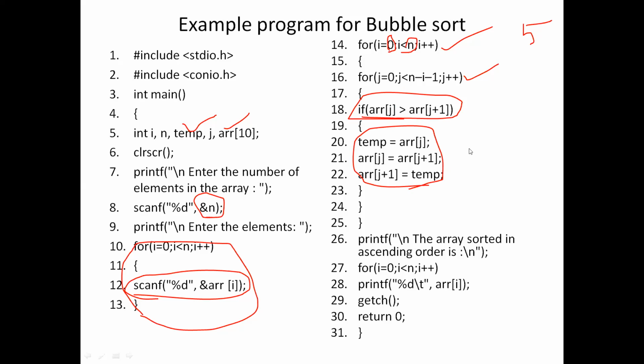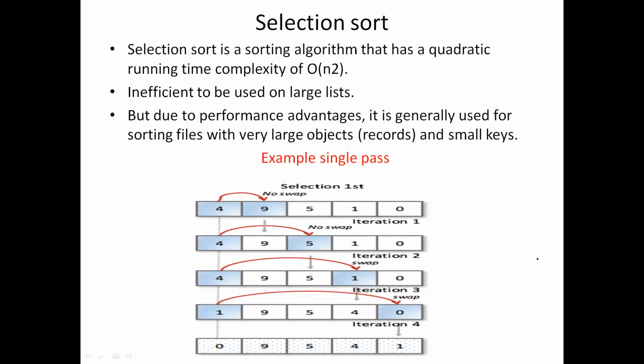We are performing for ascending order, so if it is greater, we swap, and that's how we know this is ascending order. This last for loop is for printing the already sorted elements. The next type of sorting is the selection sort.